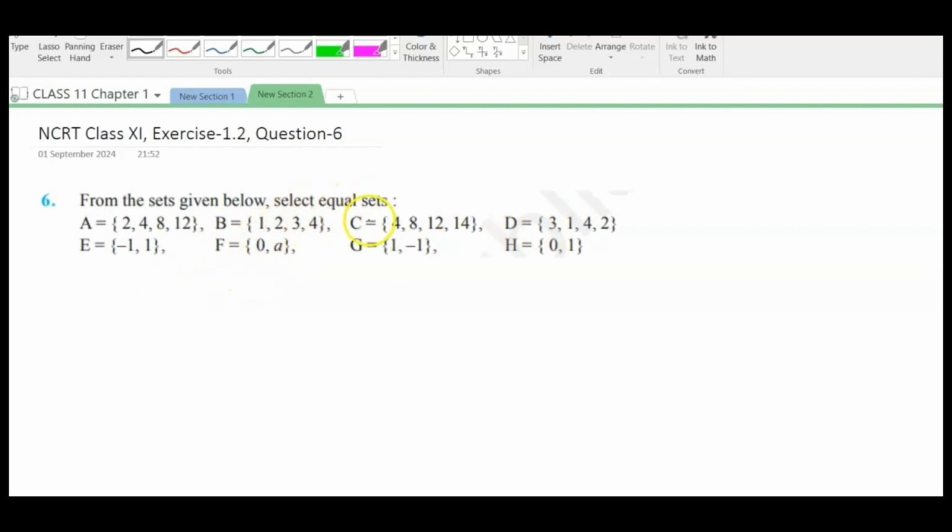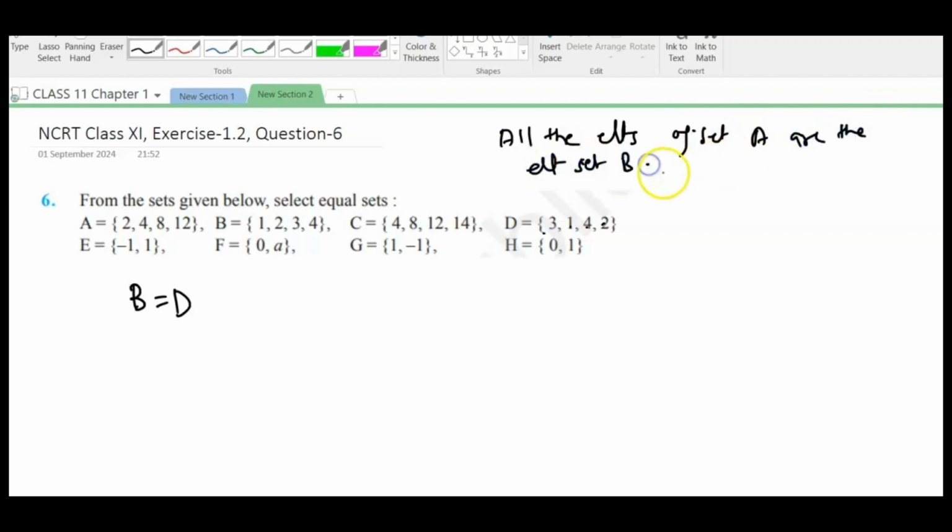Next we have B, {1, 2, 3, 4}. Again, 1 is not here, so B is not equal to C. For D, {1, 2, 3, 4}, so B is equal to D. We can check here also: 3, 1, 4, 2. If all the elements of set A are the elements of set B, and they have the same number of elements, then they are equal.